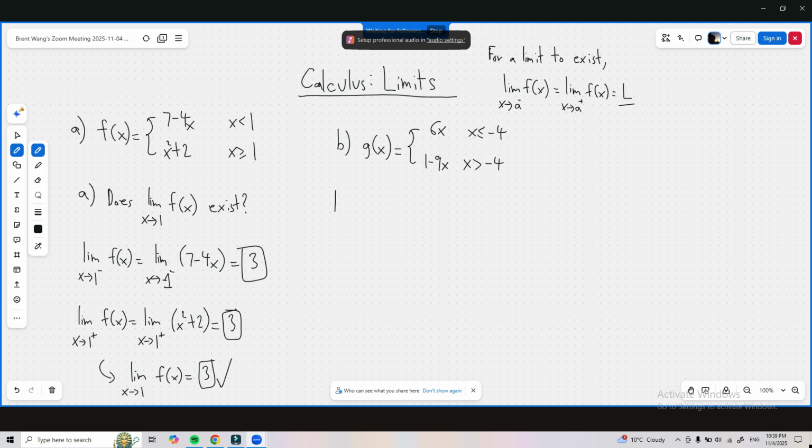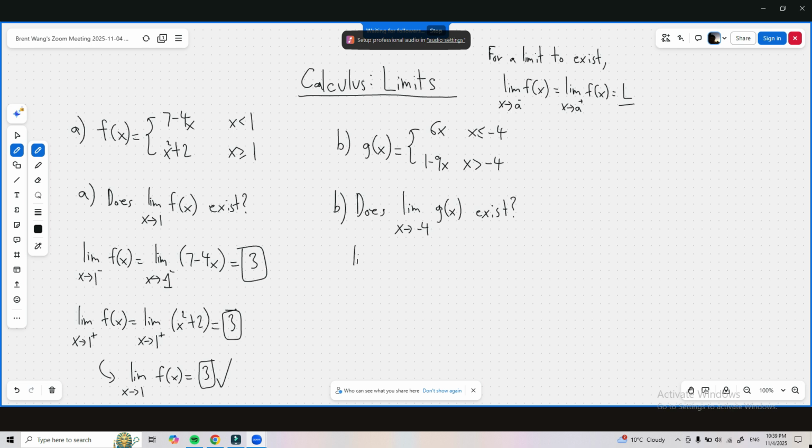Now let's move on to B. The question here is, does the limit as x approaches negative 4 of g of x exist? Let's look at the left and right-hand side limits once again.